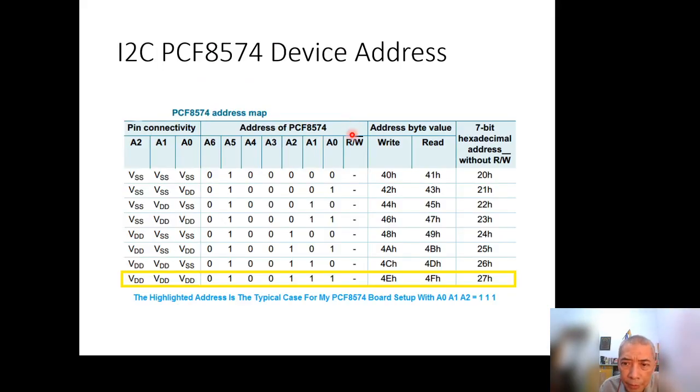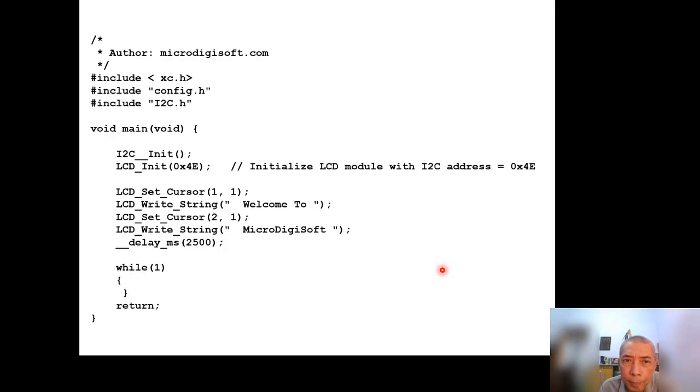So this is the device address. You can see in this table, but we have to choose 111. So to write is 4E and to read is 4F for the LCD. So this is the program, the main program.